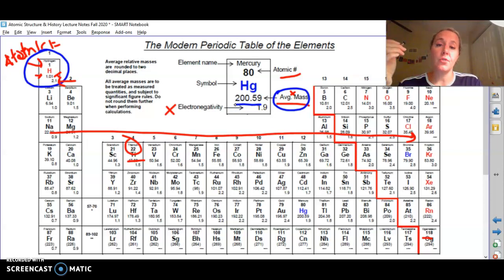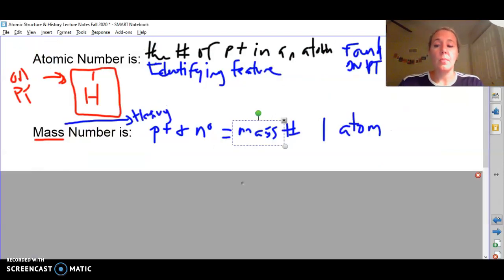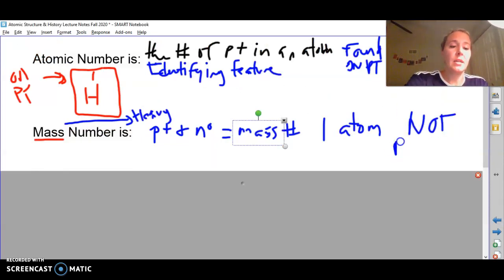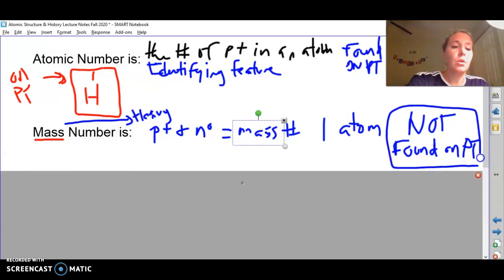The periodic table is good for a lot of things, but it can't give us the mass of one atom. So mass number is not found on your periodic table. It's something that you either solve for or you are given, but it's not something that you look for on the periodic table.